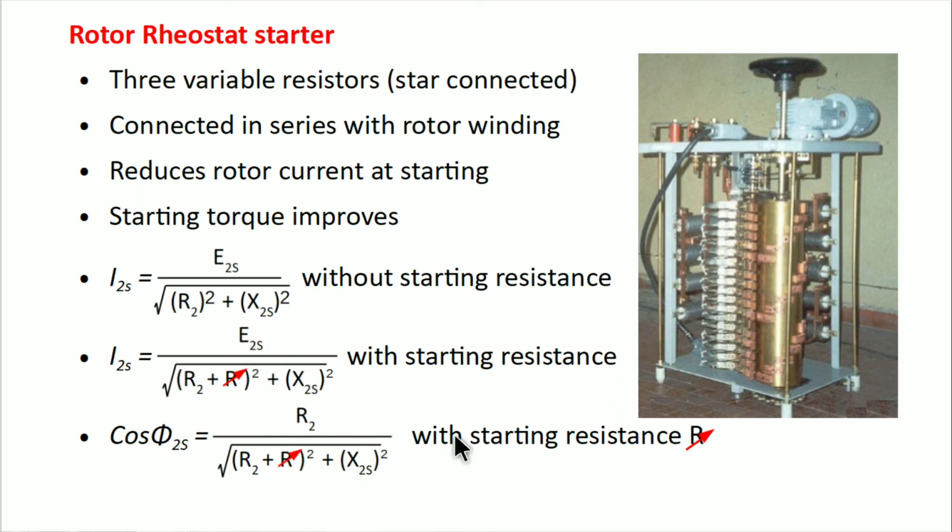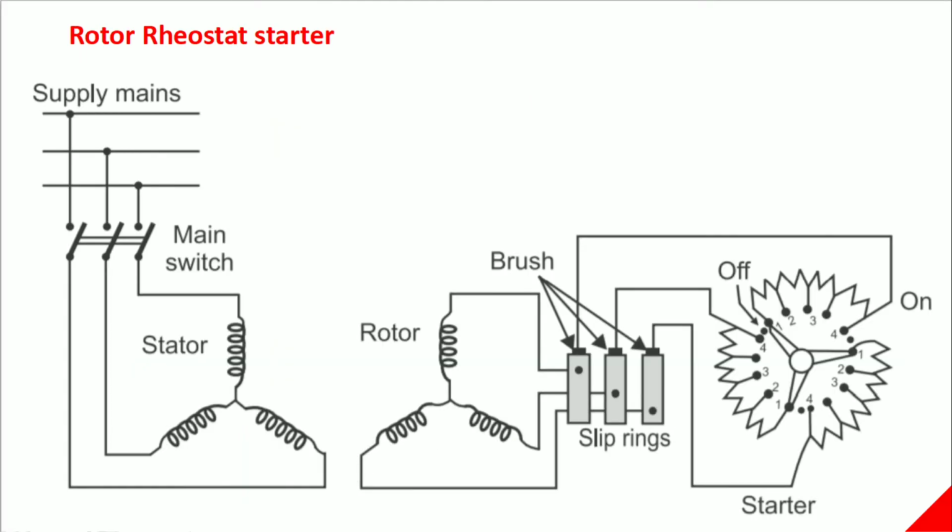Now let us see the circuit diagram of this rotor rheostat starter. The supply is connected to the stator windings by using DOL, star delta or auto transformer starter, depending upon the size of the motor.